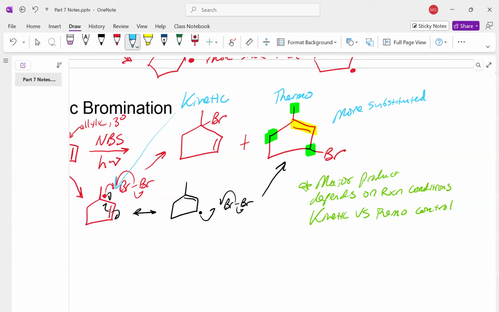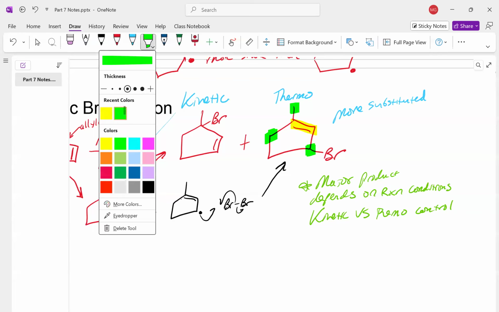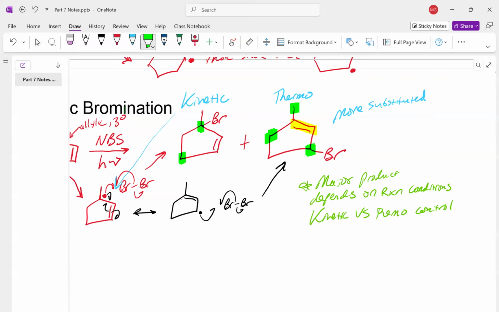Now, compare that to the other one. The other alkene has 1, 2 carbons directly attached to the double bond. So this one is less substituted.